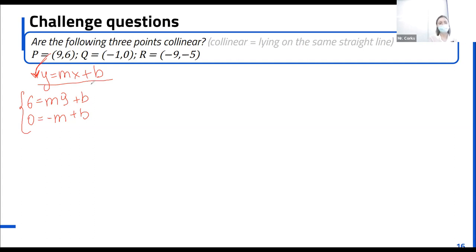So let's see what we have for coefficients. Let's subtract and get rid of b. What do we have? 6 equals 9m plus m. So 6 equals 10m, and m equals 6 over 10.